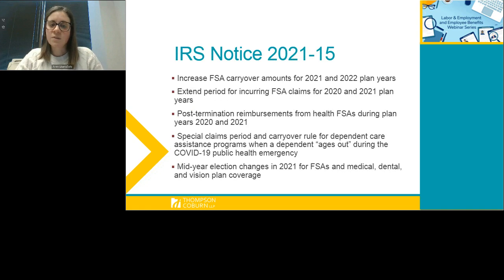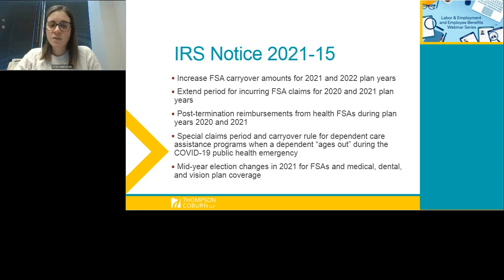IRS Notice 2021-15 clarified some of the relief available under the Consolidated Appropriations Act. This is primarily relief for FSA plans. So it increases FSA carryover amounts for the 2021 and 2022 plan years. It extends the period for incurring FSA claims for 2020 and 2021.